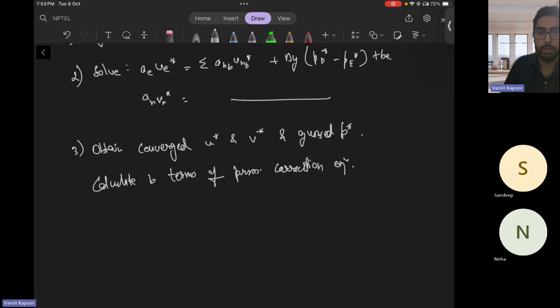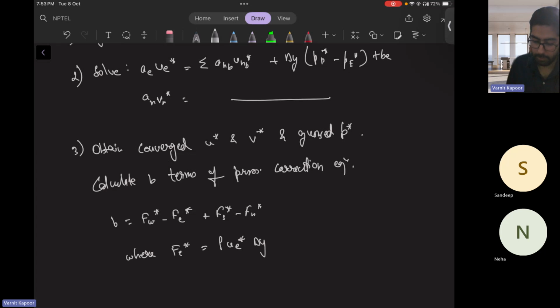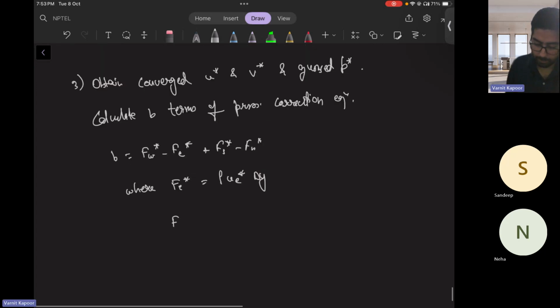That is nothing but B is equal to F W star minus F E star plus F S star minus F N star, where F E star is nothing but rho U E star del Y and F n star is rho V n star del X.